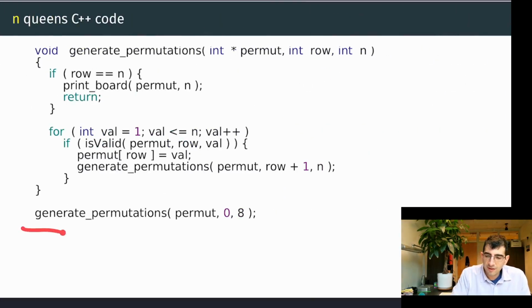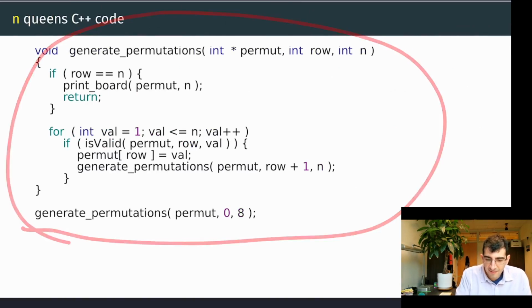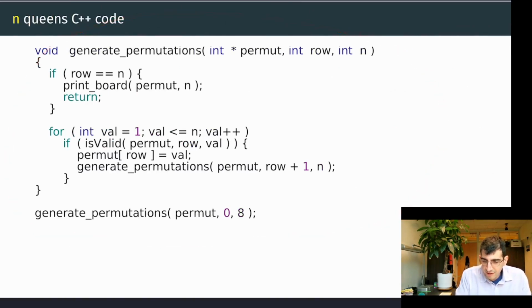And this is the code for what we just did. We have a permutation array that stores the current layout of the board with the current queens on it, and then we have what row we're on, and the number of queens.